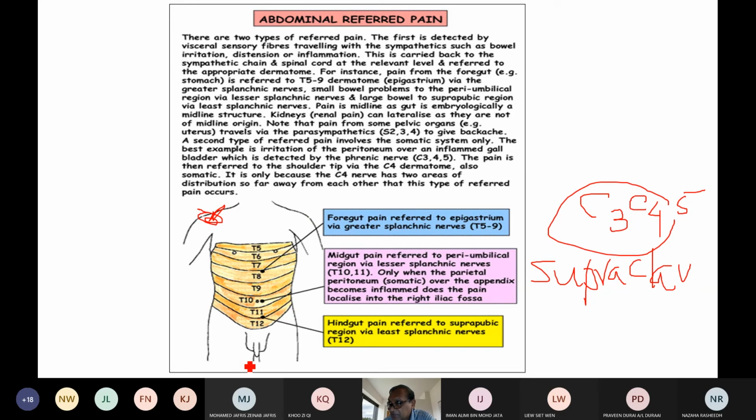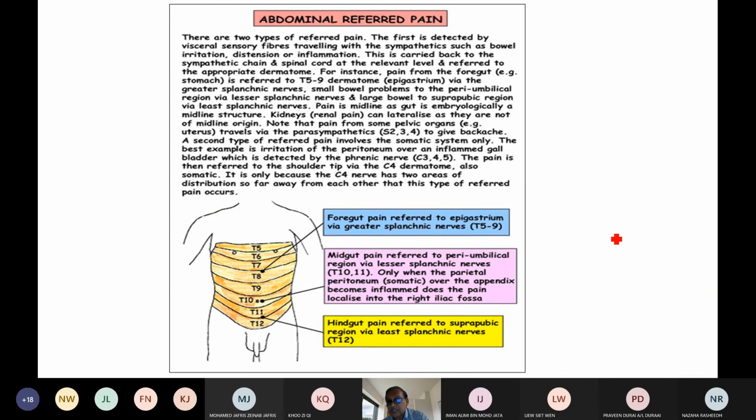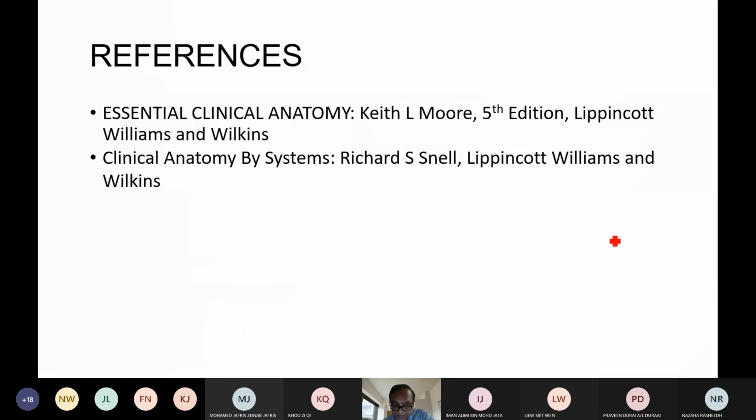So what is the difference? In the previous scenario, all of these involve the visceral peritoneum. But in this case, the referred pain of the gallbladder involves the parietal peritoneum stretching over the diaphragm.